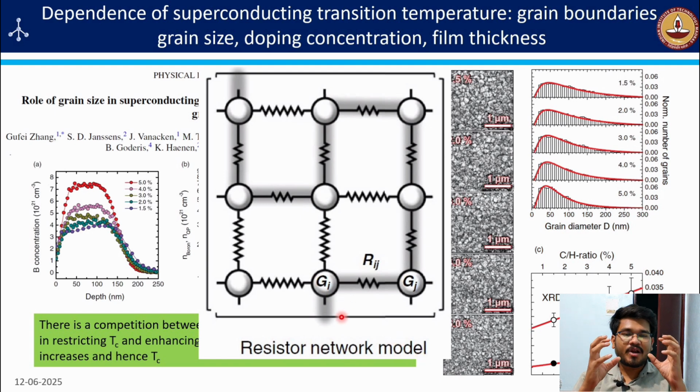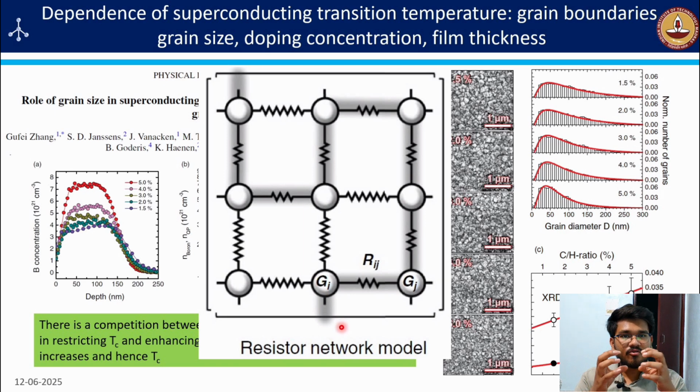If you have a global superconductor, a single crystalline diamond at a particular critical boron concentration, then you can easily achieve superconductivity, because your whole sample is superconducting. But if you have islands separated by some distances, individually those islands are superconducting, but they cannot give you global superconductivity unless these grains are really close to each other.